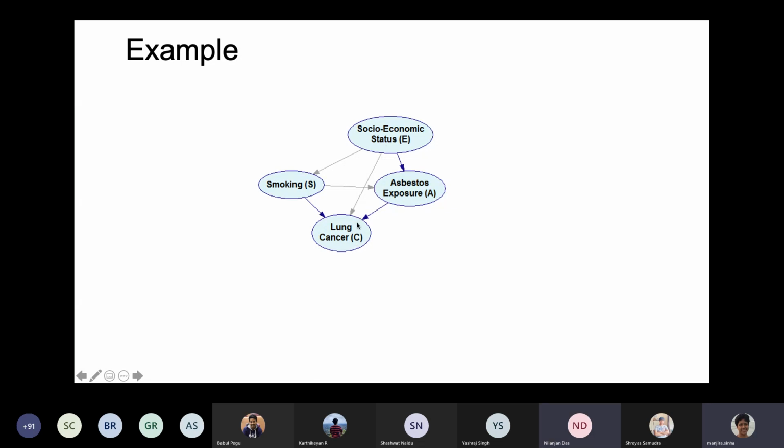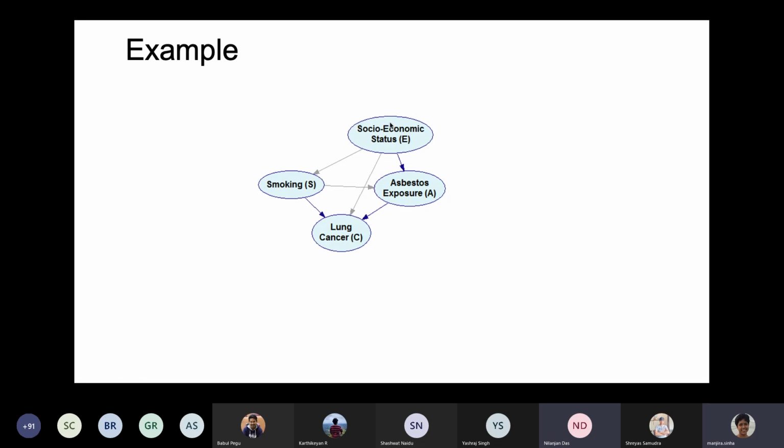Is it any different, or how is it contributing? The idea is that in the Bayesian network, or in the directed acyclic graph, we construct a link if any parent is directly influencing a random variable, making it its descendant.